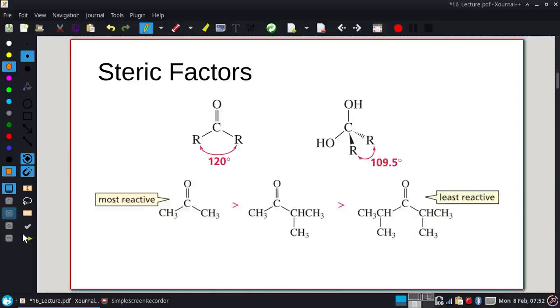But what will affect it on our ketones is as we get more and more substituted, or more and more hindered is probably a better way of putting that. So this having two methyls off these two locations, getting into that backside is a little more of a hindrance. So there's some steric factors that will factor into our reactivity.